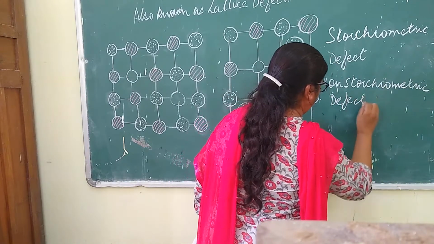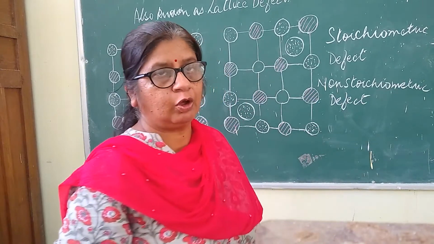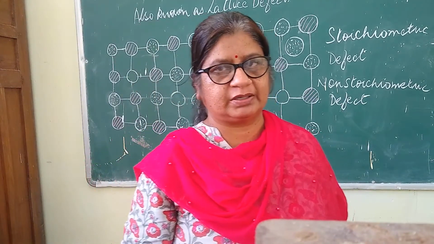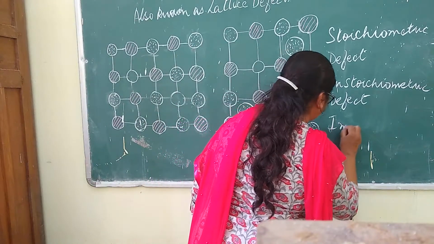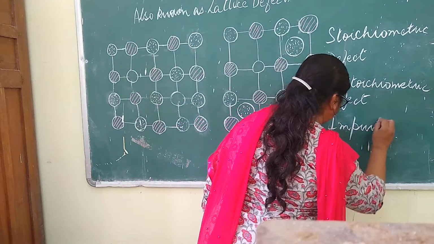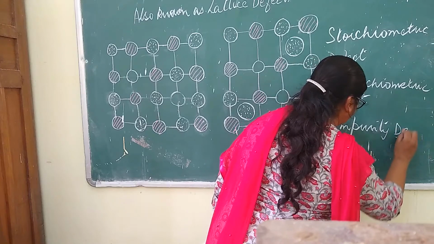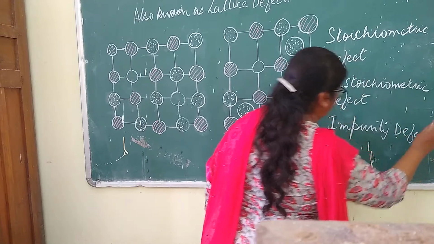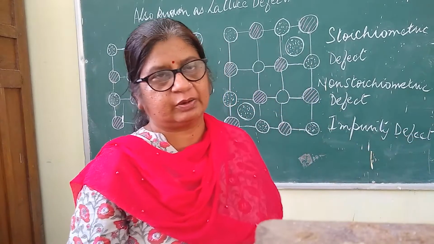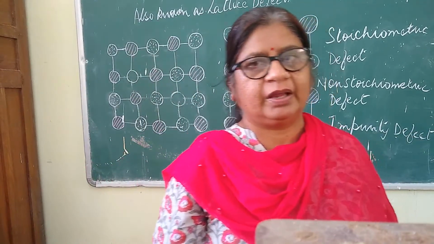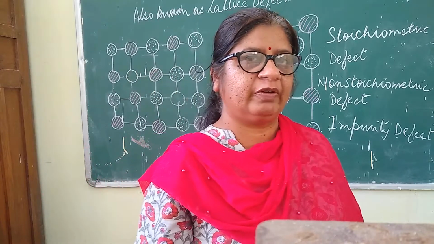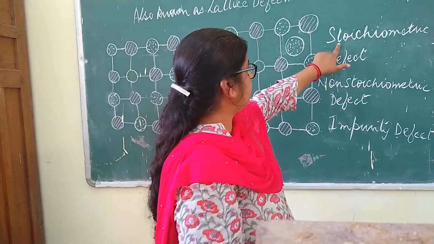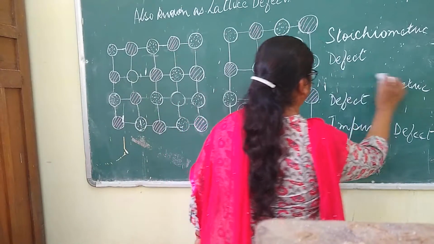This is observed in non-stoichiometric solids. Third one is impurity defect. This defect is seen in the crystal lattice when the impurities are there. Today in this video, we will be studying about the stoichiometric defect.